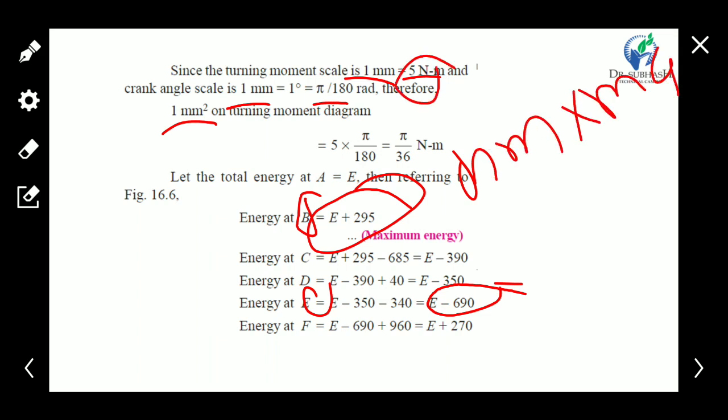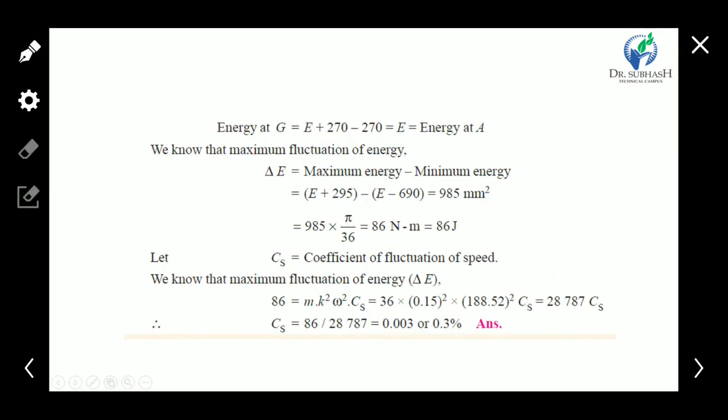Both values are multiplied and we get 5 by 360. So we multiply with this value 5 by 36 and we get 86 Newton meter. So 86 joule is the maximum fluctuation of energy.